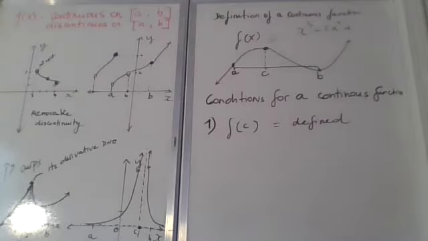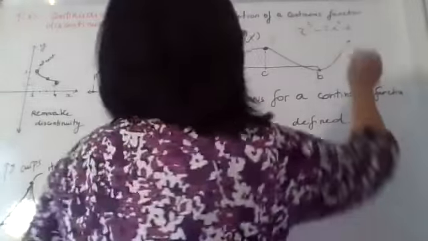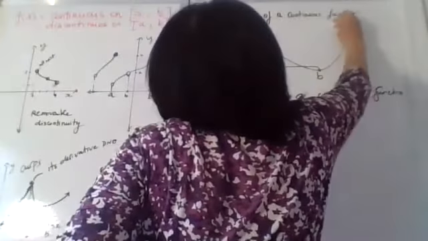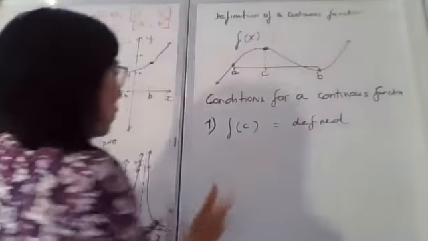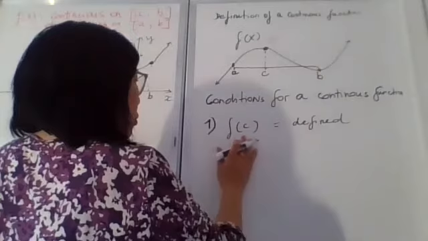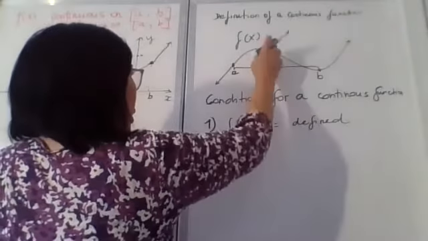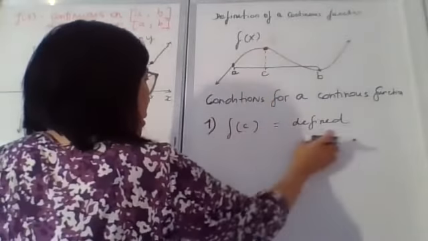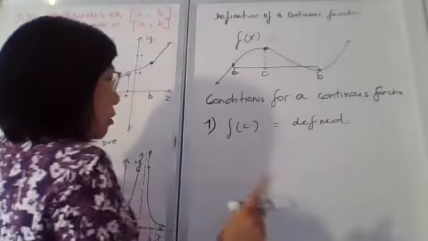So let's see how we deal with this. The definition says, if the function f, we put the value c here and f of c is defined, that's the first condition.